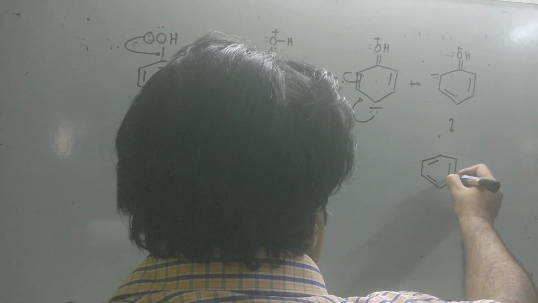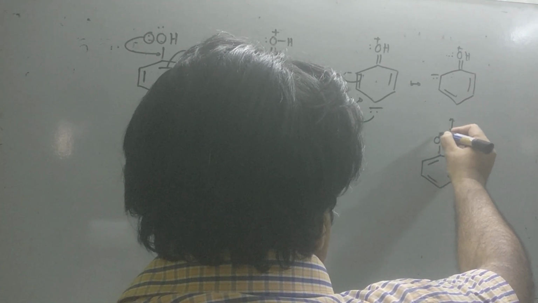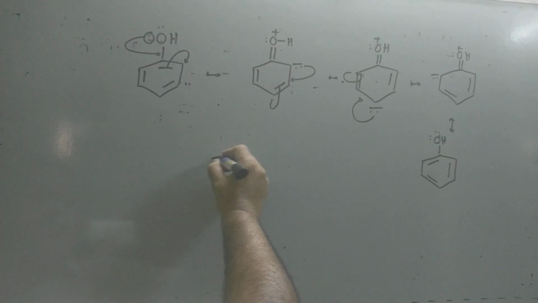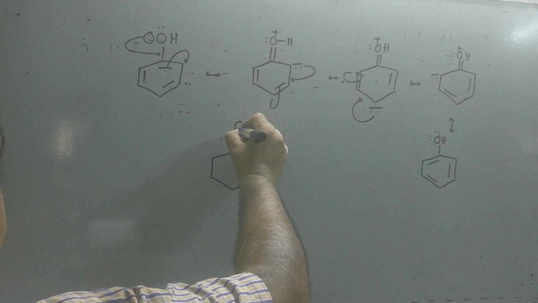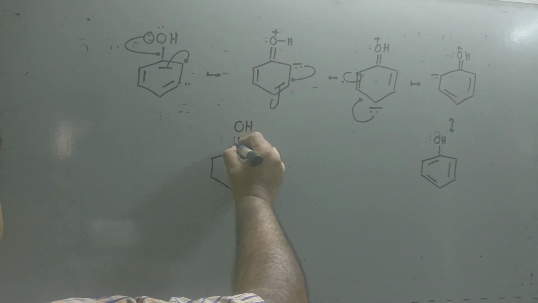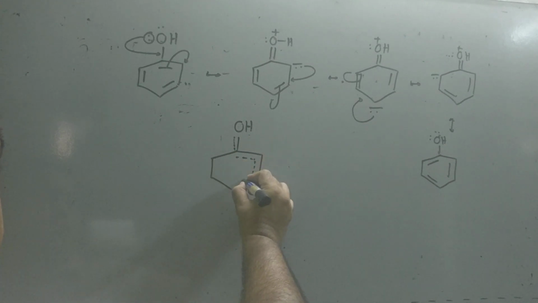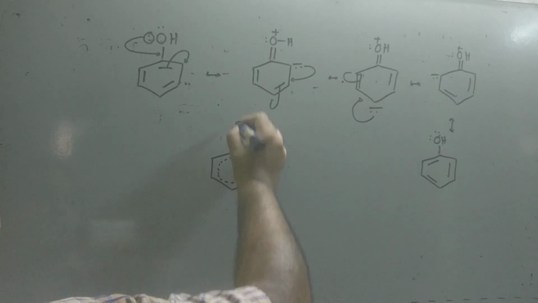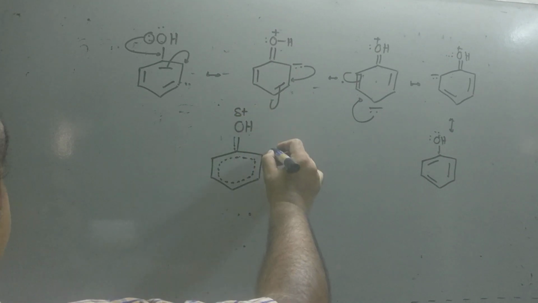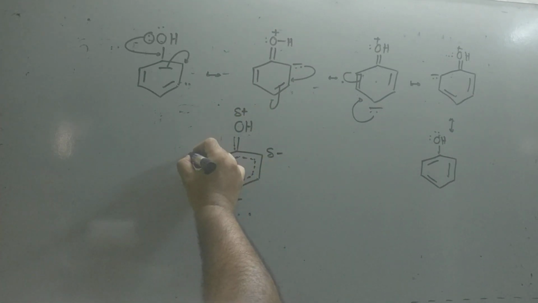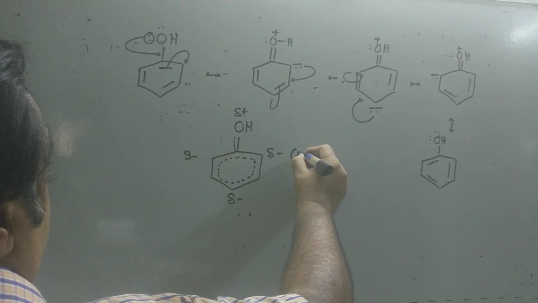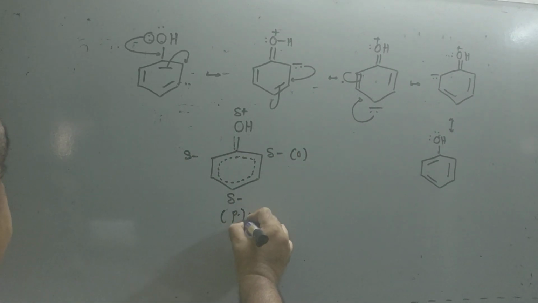If you draw the average structure, the resonance hybrid, it will look like this, the average of all five structures. All bonds are partial double bonds, with a small positive charge over here and a small negative charge at the ortho position, the para position, and the other ortho position.